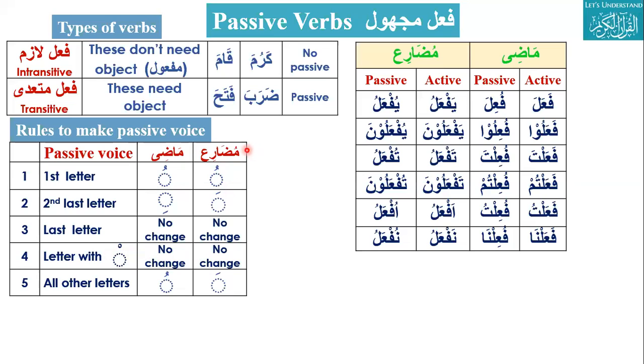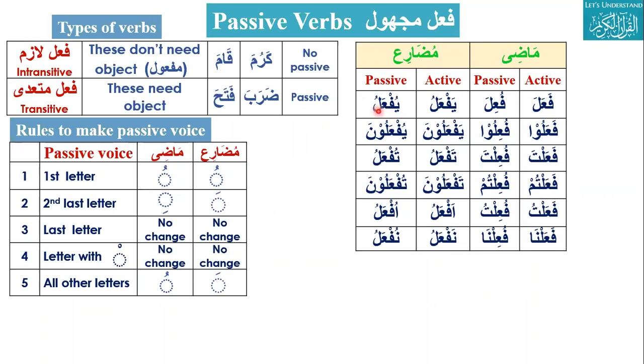So on the mudare side, fa'ala becomes yaf'alu. So the first letter gets pesh or dhamma. So yaf'alu has a fatha and it gets this pesh or dhamma here. First letter, dhamma. Second last letter gets fatha. Like ayn is the second last letter, it has a fatha on it.